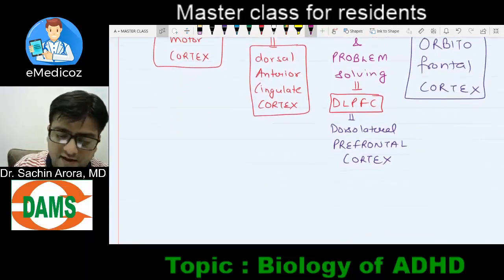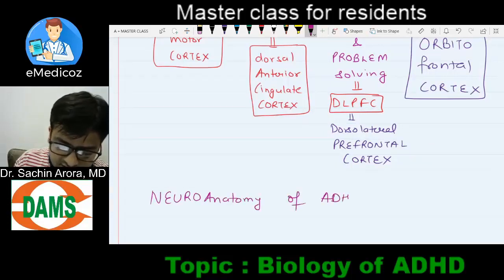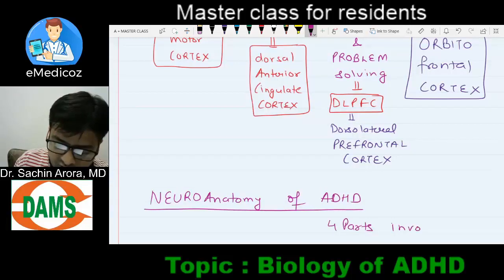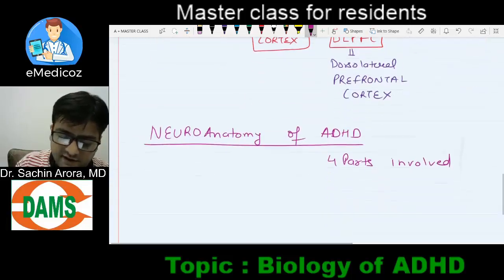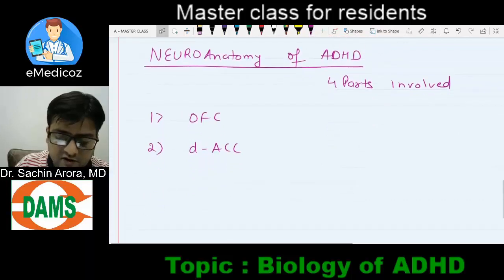What do I mean by the word linked to? In your exam, when you write your answer, you write like this: neuroanatomy of ADHD, 4 parts involved. Write your answer like this: OFC or orbitofrontal cortex, dorsal anterior cingulate cortex.